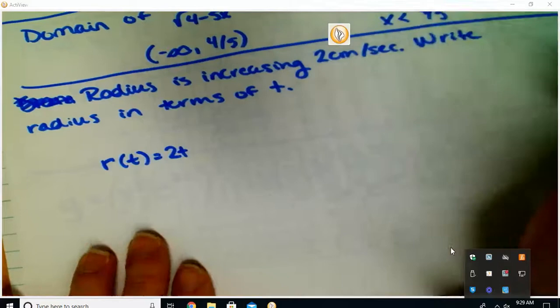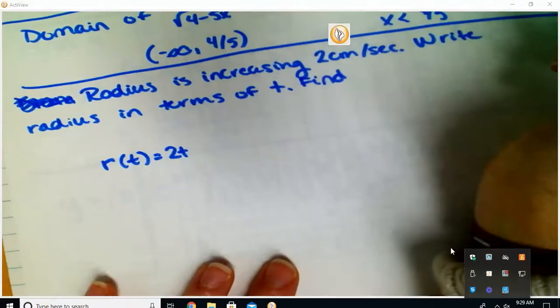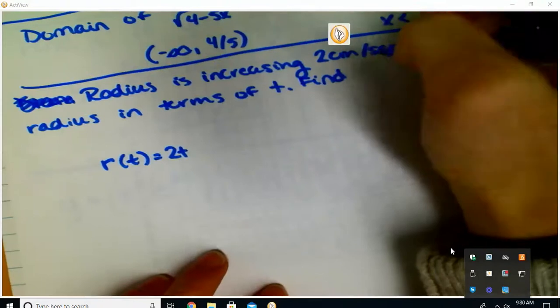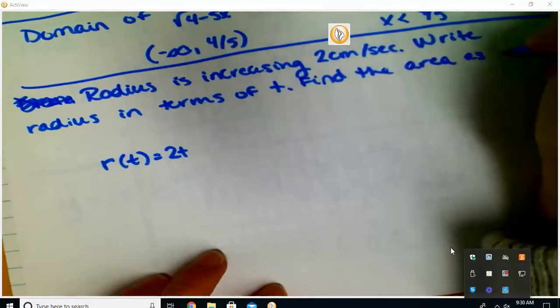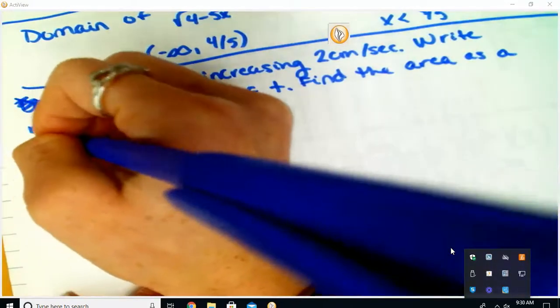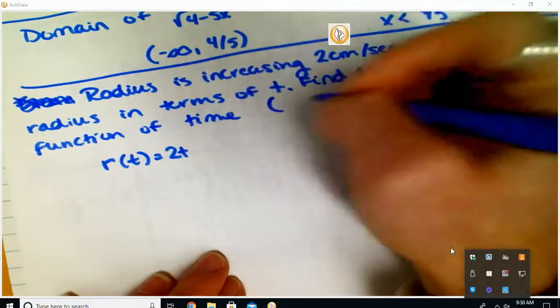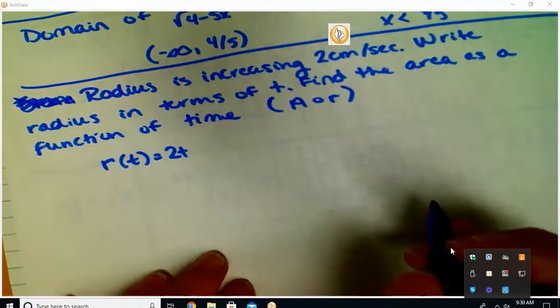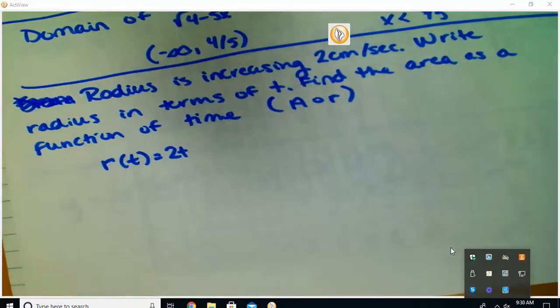Then I might ask you to find the area. If I did volume, that would be like a cylinder, so I don't want that many variables. If I asked you to find the area as a function of time, in other words, A composed with R, this is a circular figure, so this is a formula you would have to know.